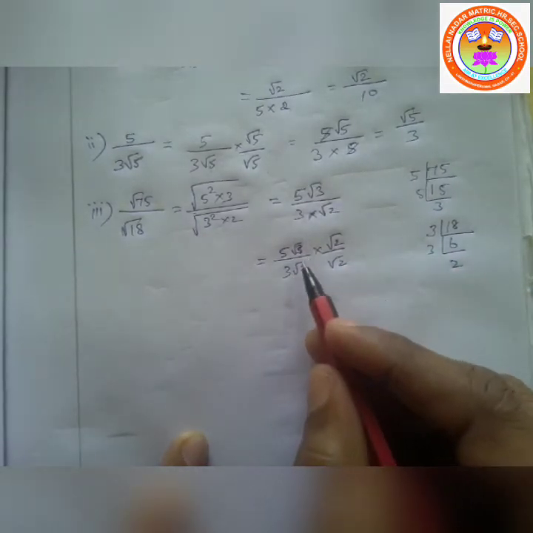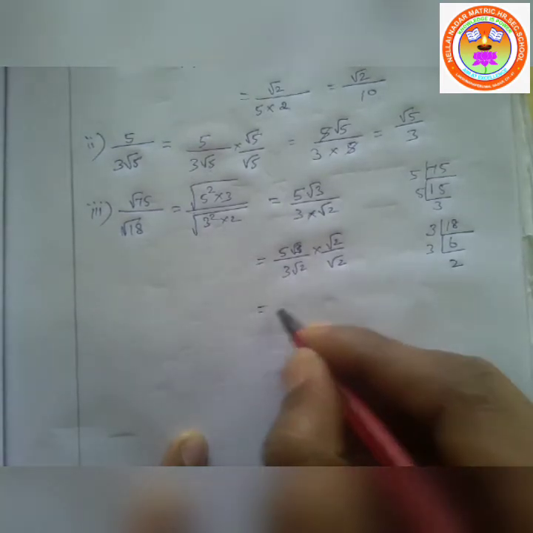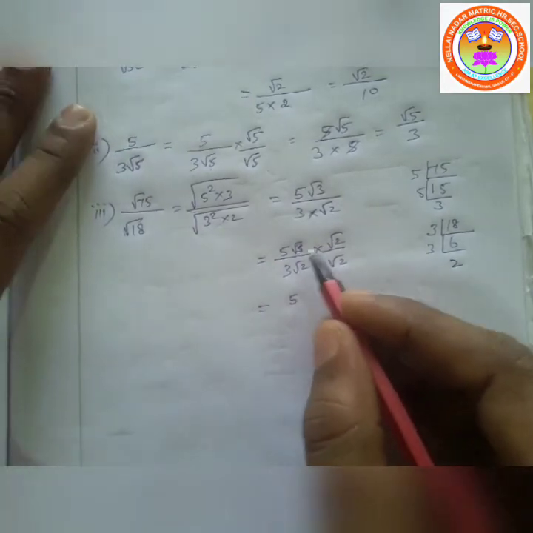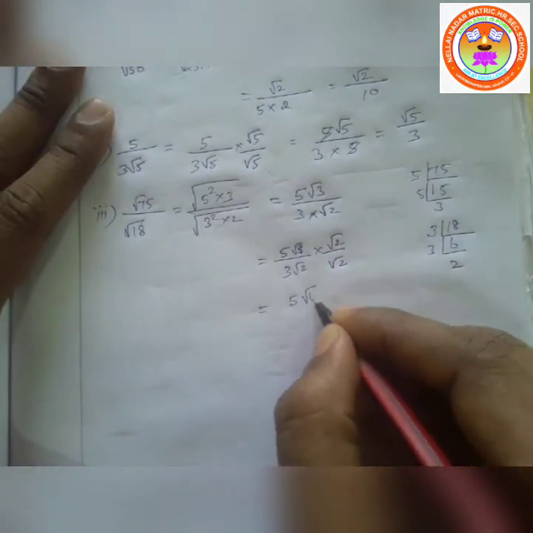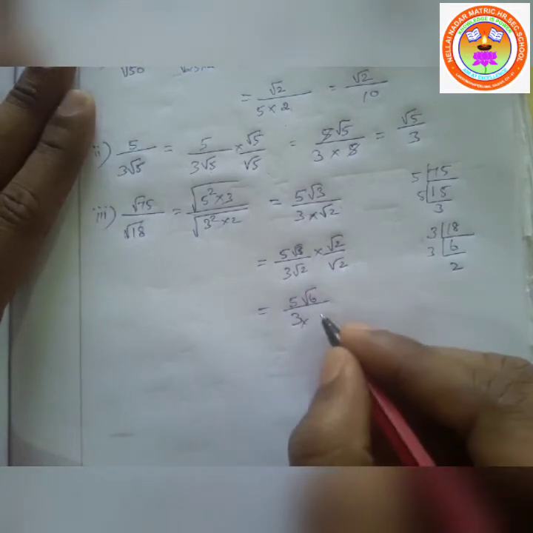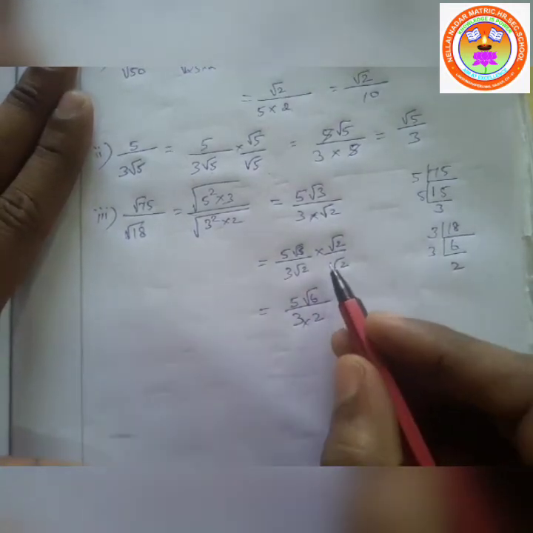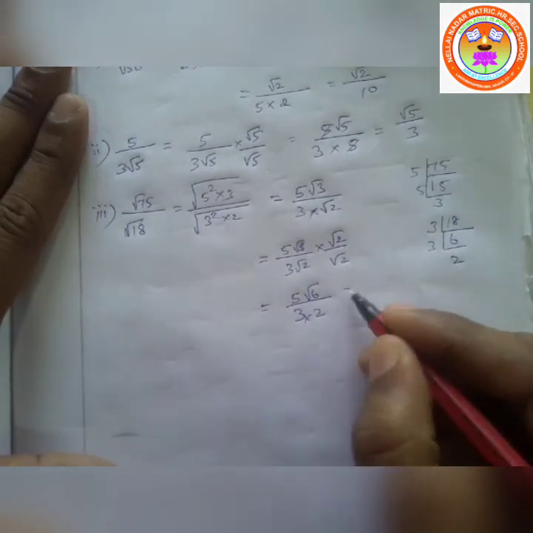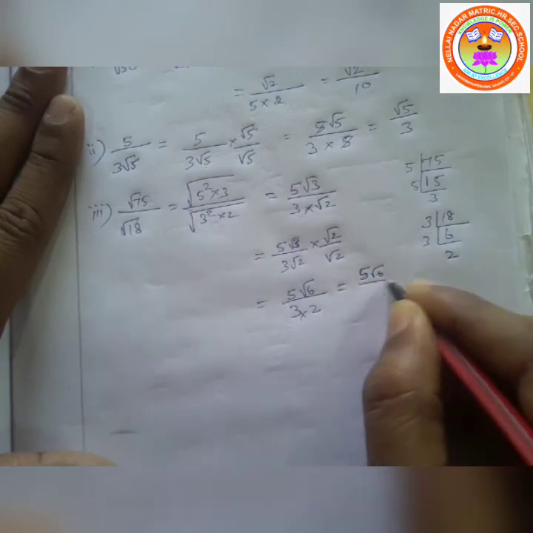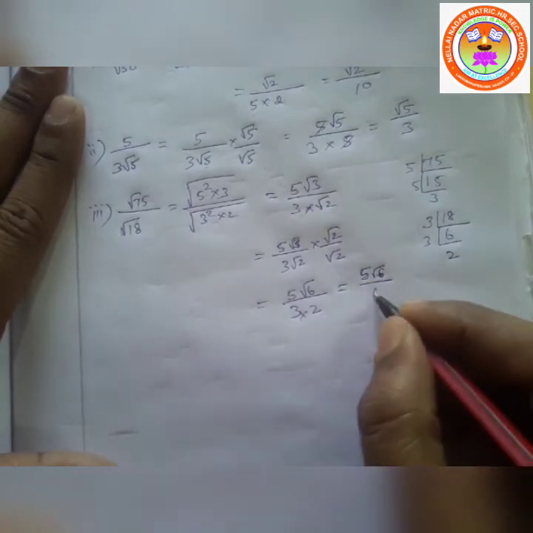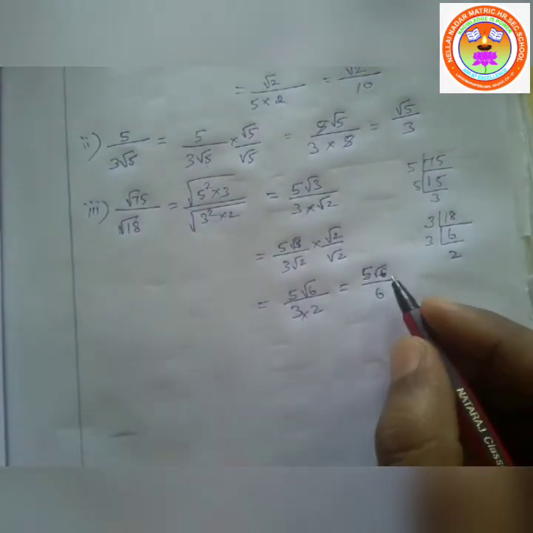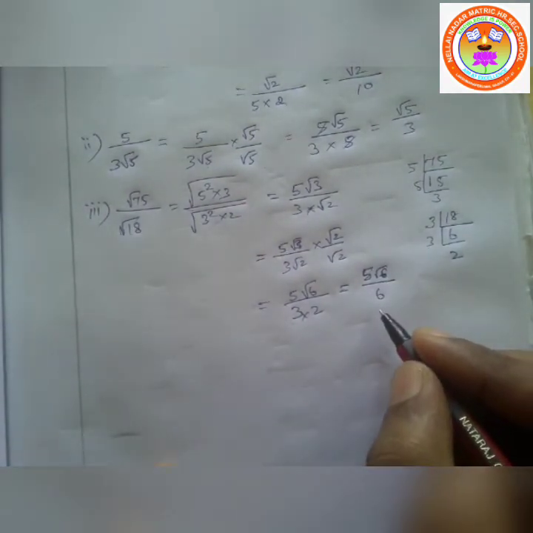You will get 5 root 2 into root 3, which is root 6, by 3 into root 2 into root 2, which is 2. Again I am telling you, root 2 into root 2 is 2. So 5 root 6 by 6 is the answer. Everybody understand? 5 root 6 by 6 is the answer.